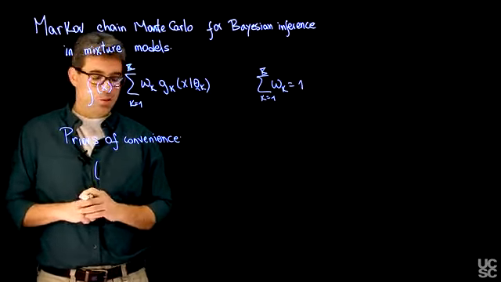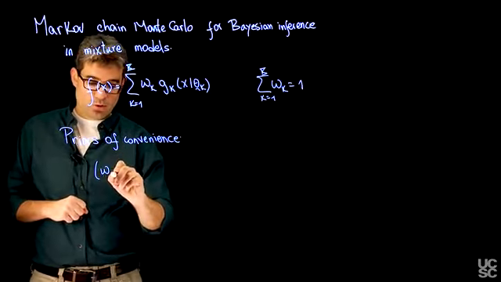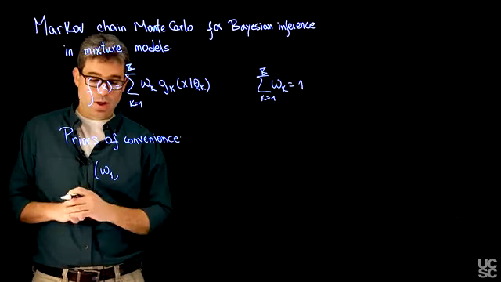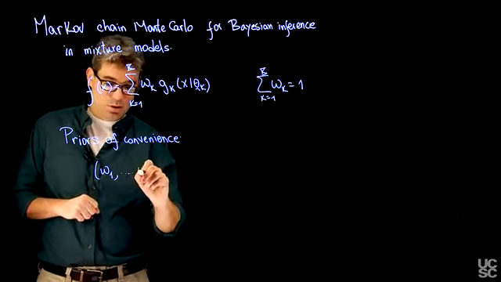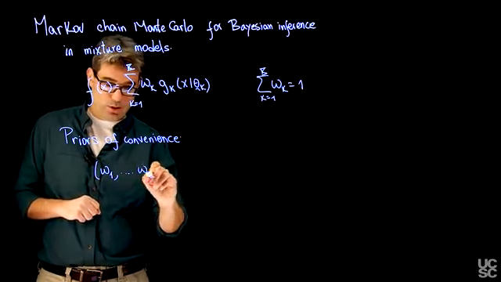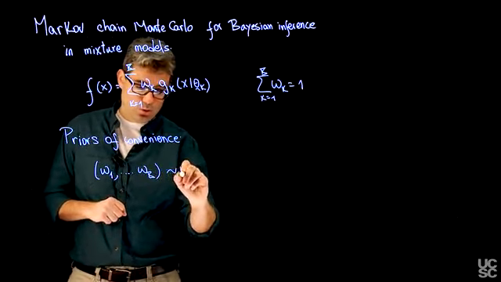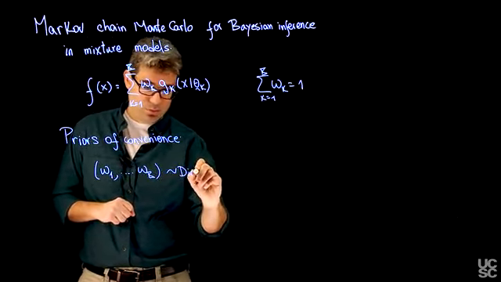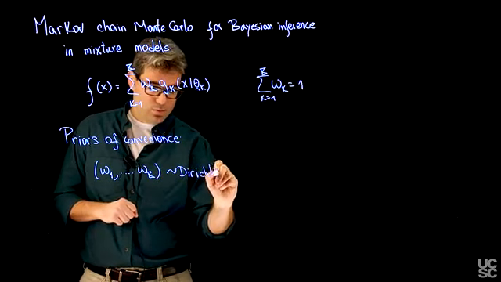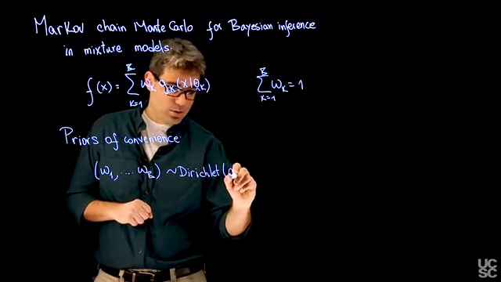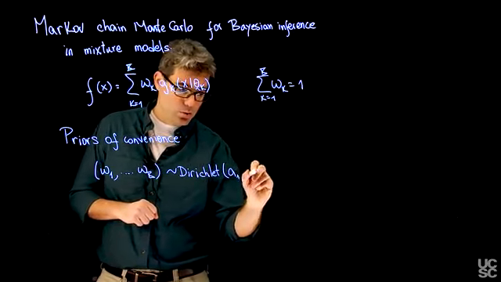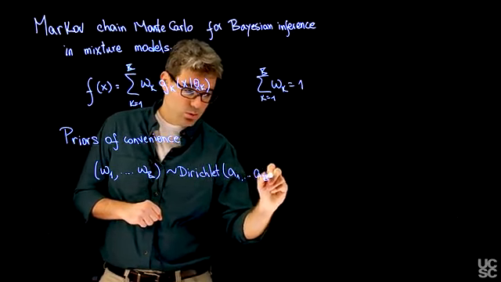And that is precisely what we're going to use. So we're going to assume that the prior for the vector that includes all these weights follows a Dirichlet distribution with parameters a1 all the way to a sub k.